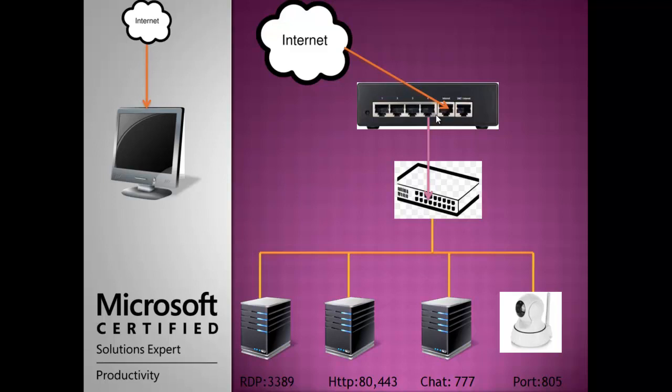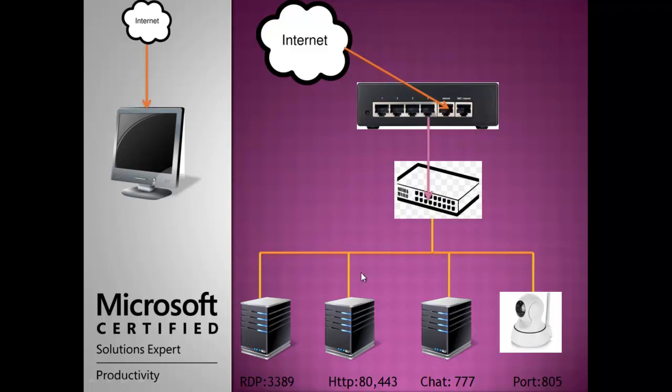That means from one single IP we can access our different services, which means from the same IP I can do an RDP connection, that is a remote desktop connection, to this server, and if I have a website running on this server, I can connect with the website from the outside world.